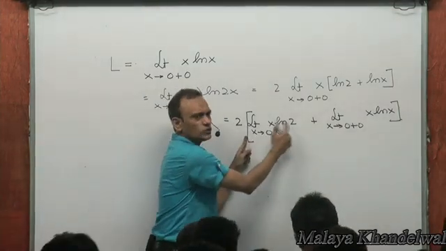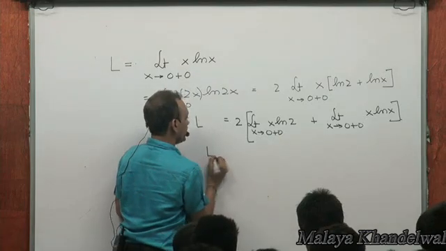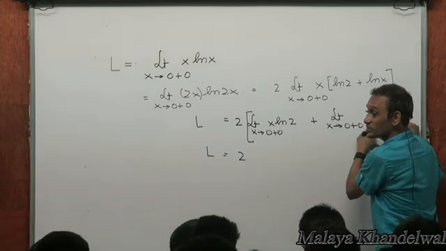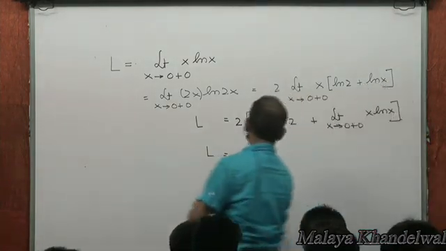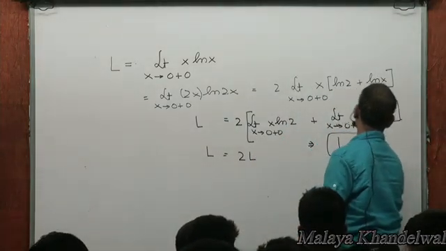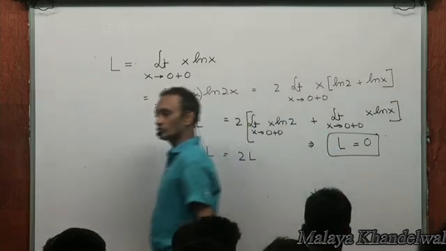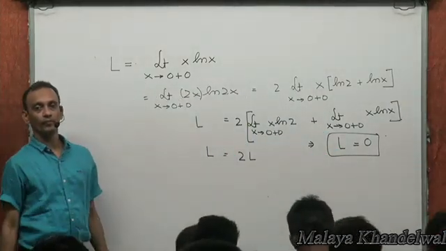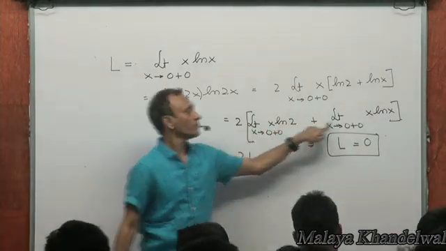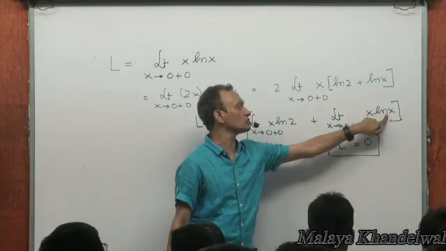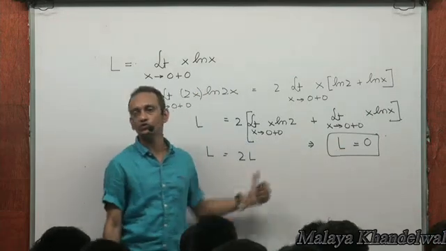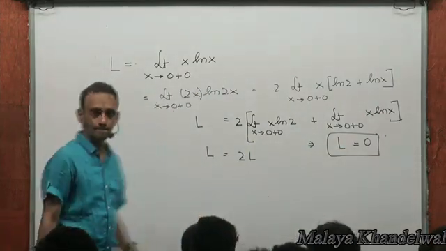This will be 0. x ln 2 as x tends to 0 is going to be 0. So L will be twice, and this will be L. Limit x ln x as x tends to 0 from the greater than 0 side is L. So L equals 2 into 0 plus 2L. 2L equals L, so L must be 0.